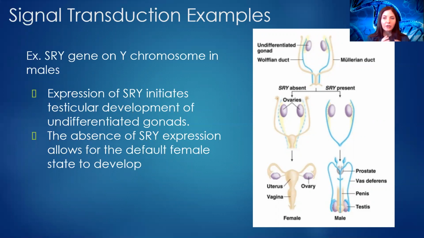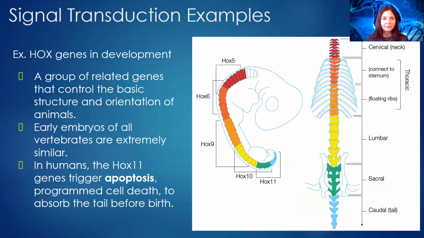But until that occurs, they're basically just our gonads. When we have an absence of that SRY gene expression, it allows for the default female state to develop. If we have that SRY expression, it initiates those gonads to turn into testicles. Again, if we don't have that SRY being expressed, then those gonads will develop into the ovaries.